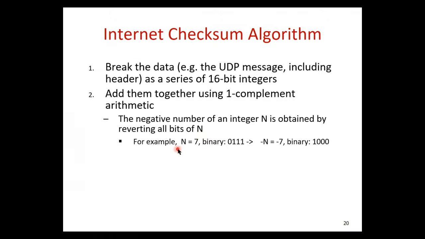For example, if n is 7, in binary it is 0111, right? This is 7. To represent -7, we just flip all the bits one by one. So 1000 means -7. That is how one complement arithmetic works.